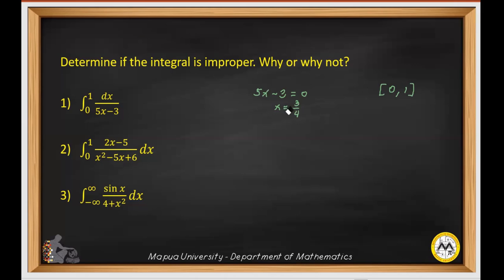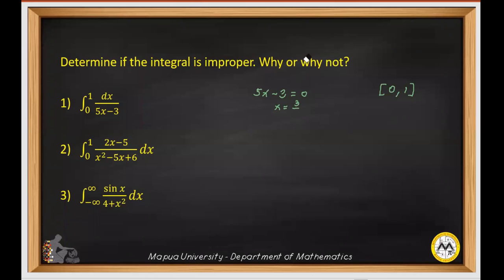Sorry, it should be 3 over 5. We can see that the value of x, which is 3 over 5, is within the interval.